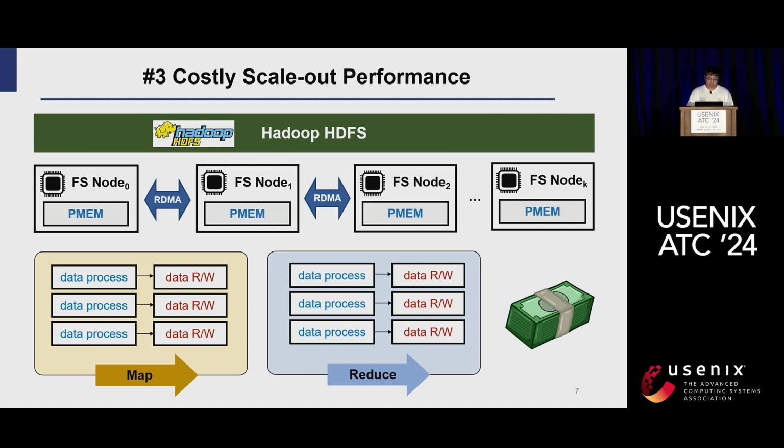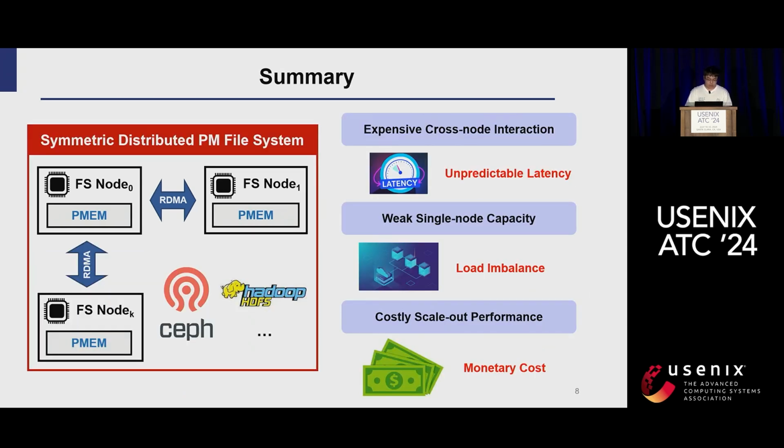Take Hadoop as an example. Both the map and reduce phases in Hadoop have 2 phases. If the I/O phases require more storage devices, the administrator adds more machines. However, those machines are over-provisioned for the computing phase, wasting hardware resources. To summarize, this hardware usage magnifies PM's drawbacks of limited capacity and high price, and underutilizes precious PM resources.